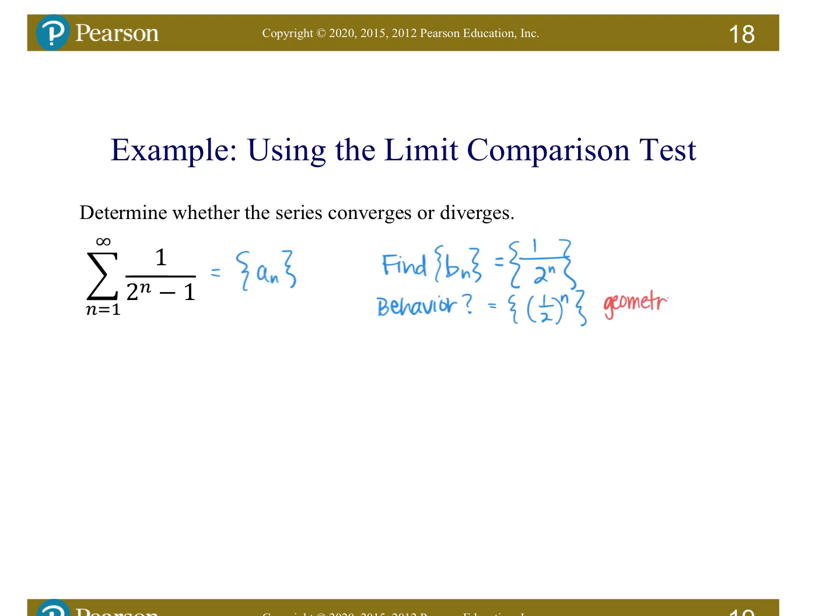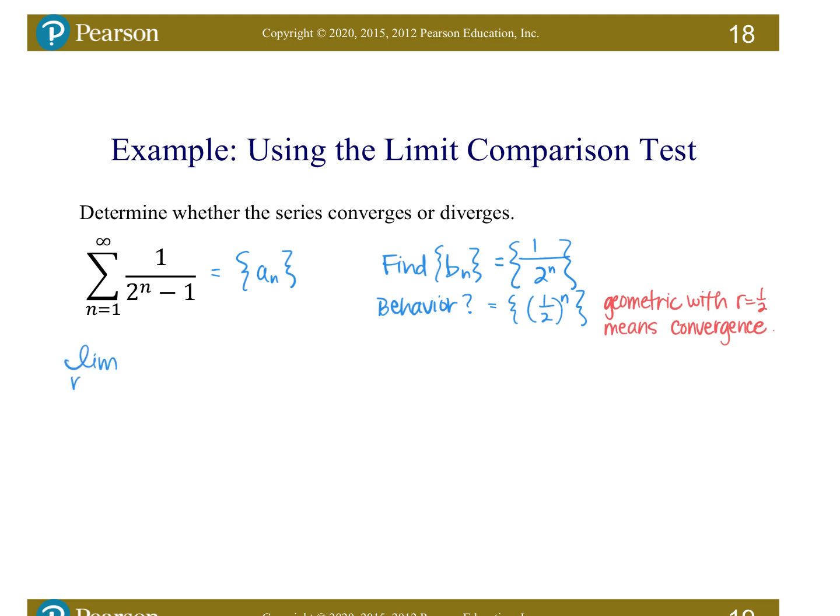And the geometric series has an r value of 1/2. And the r value of 1/2 means convergence for a geometric series. So now we've established that B sub n has a type of behavior that is convergent. So we'll come back and we'll apply the limit comparison.